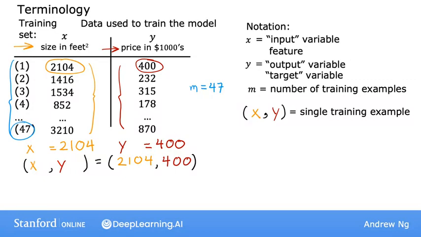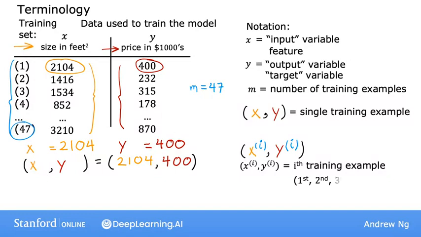So to refer to a specific training example, which will correspond to a specific row in this table on the left, I'm going to use the notation x superscript in parentheses i, comma, y superscript in parentheses i. The superscript tells us that this is the ith training example, such as the first, second, or third, up to the 47th training example. i here refers to a specific row in the table.